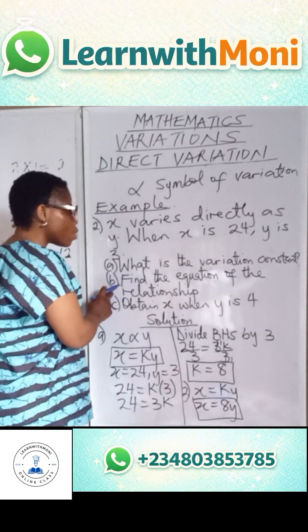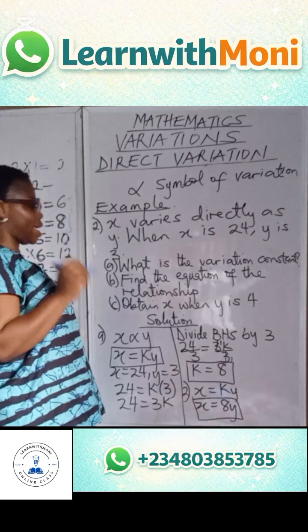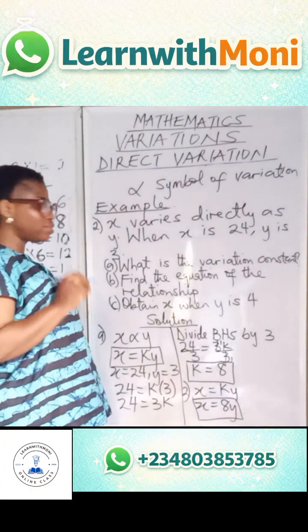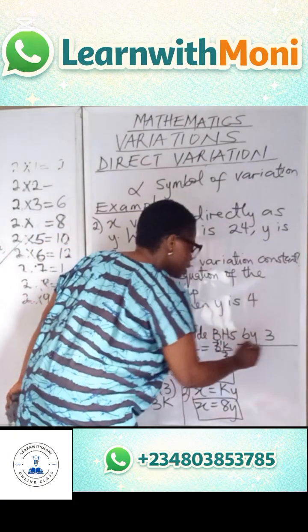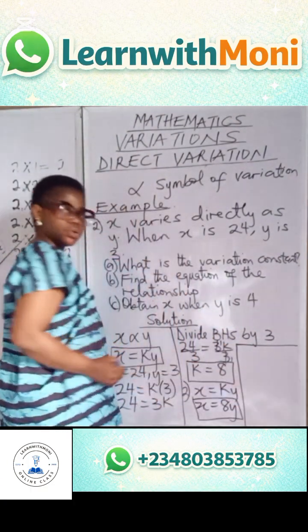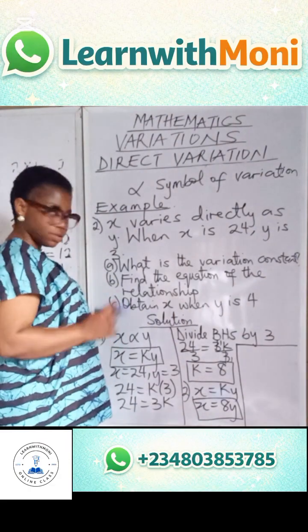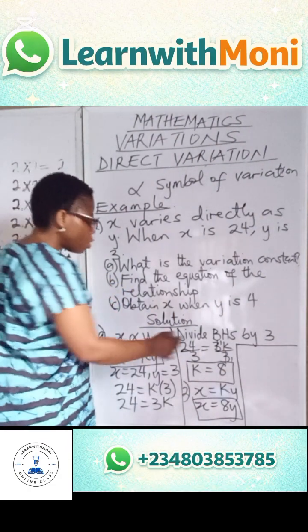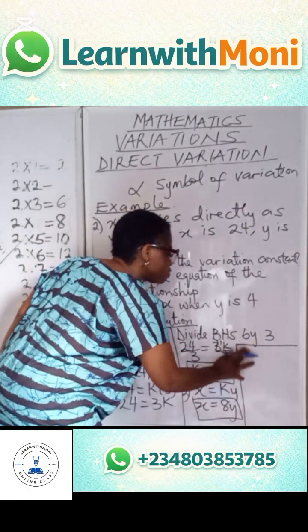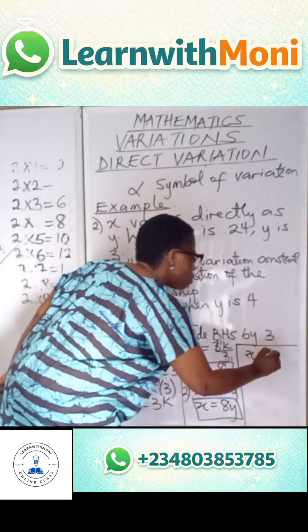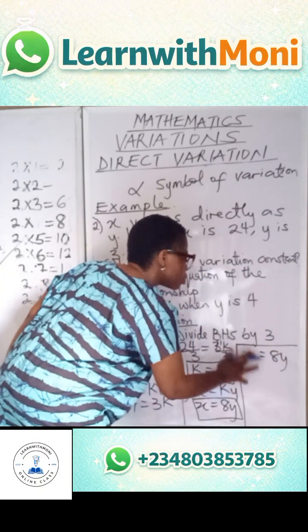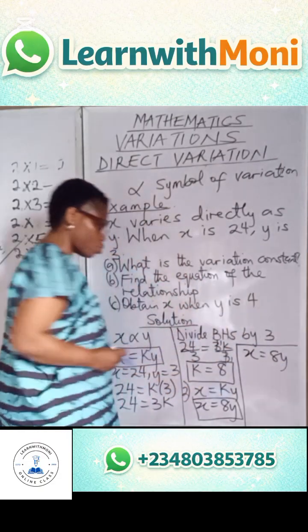The third part of the question is asking us to obtain x when y is 4. We are going to be using the equation of the relationship to obtain that. So let's do that. We know that x is equal to 8y.